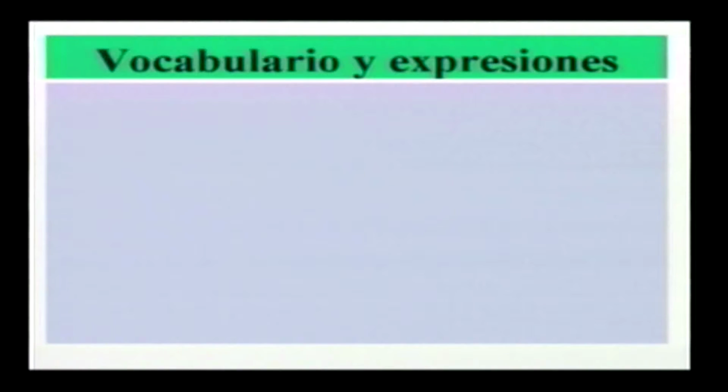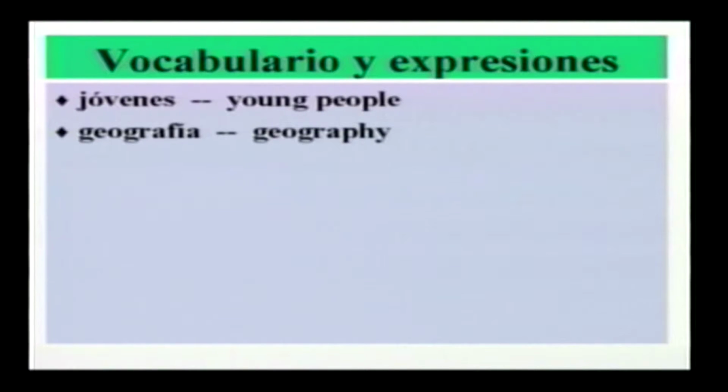Here are some of the words that you will be hearing and seeing in today's telenovela. Jóvenes. You would use jóvenes when you're talking about young people. Geografía. It's a course, geography.